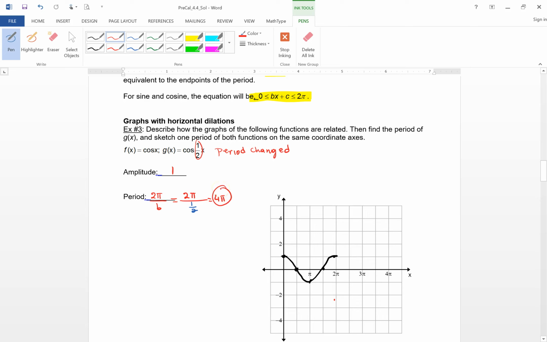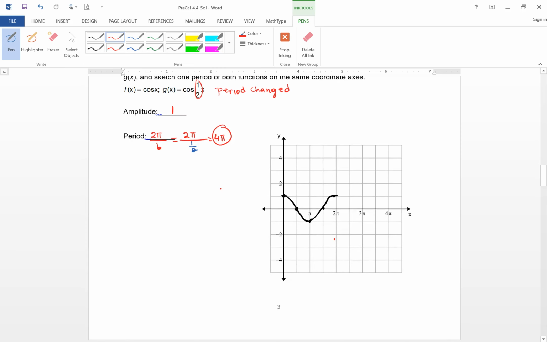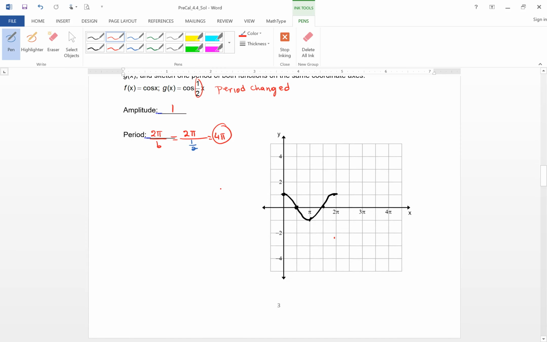So that's the new period. So instead of completing the cycle in 2 pi, it's now going to complete it over 4 pi. It's a slow wave, okay? And that makes the difference between your X-rays and your radio waves. It's just a difference of how slow and fast the wave is.